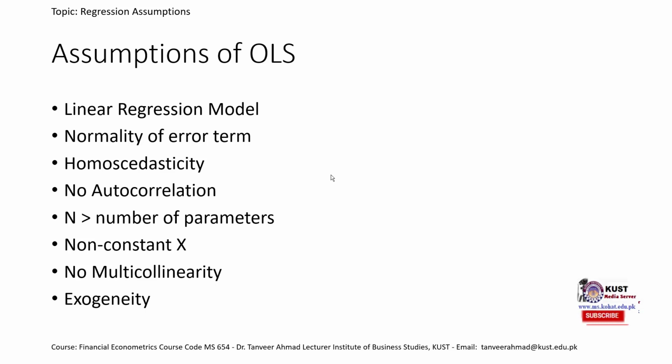So these assumptions make the coefficient and the standard errors reliable. And just for the sake of simplicity, the standard error is basically the standard deviation of the coefficient. It's technically the standard deviation of a sampling distribution, but for simplicity, let's just say that standard error is the standard deviation of the coefficient.